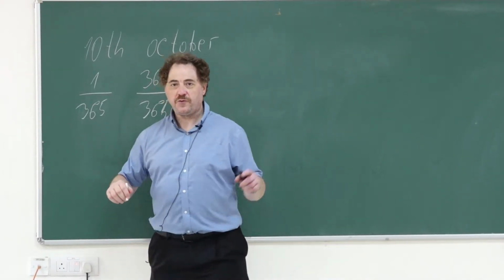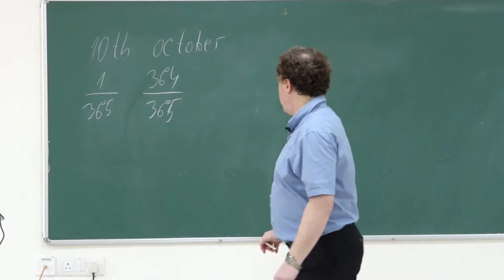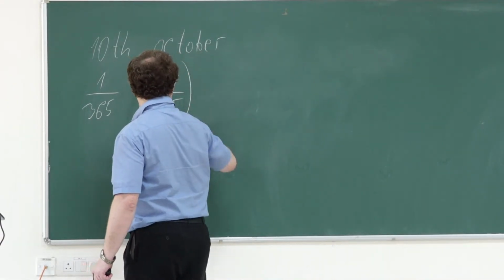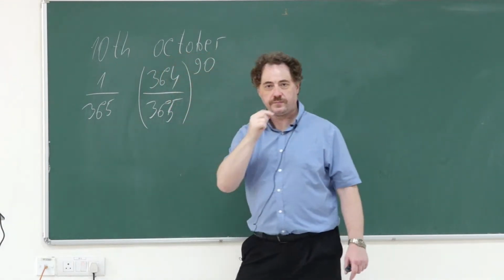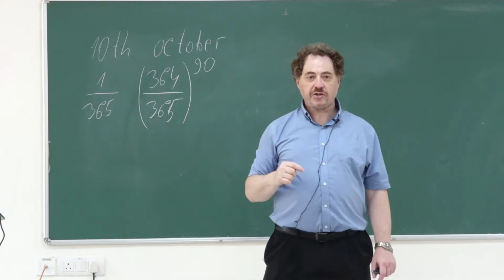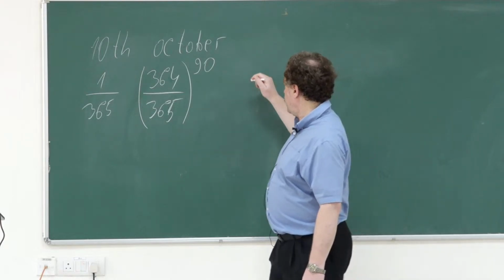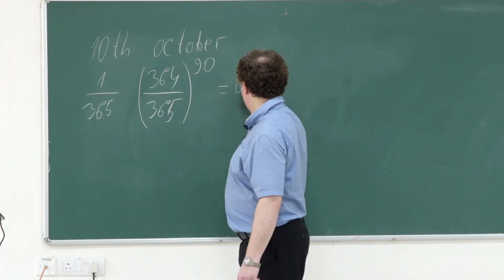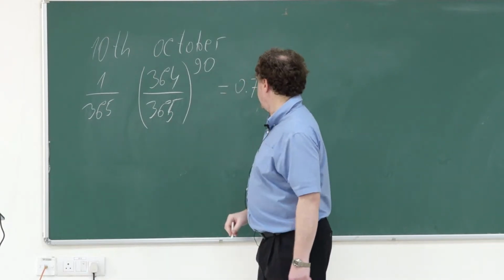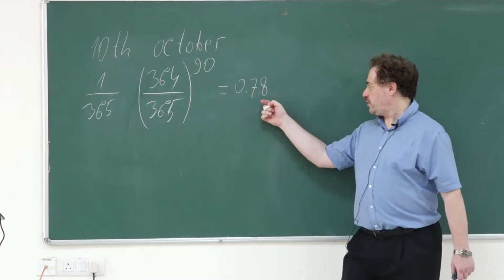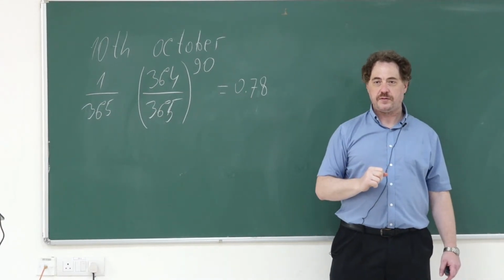Then what's the probability that none of you is born on the same day as I am? That would be that number to the power of 90, which I calculated. I think it's about 0.78. So with the probability of 0.78, none of you is born on the same day as I am.